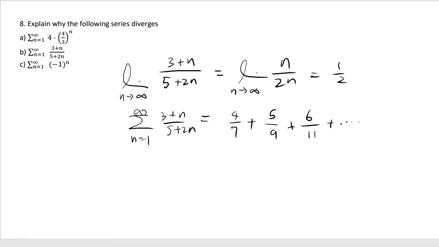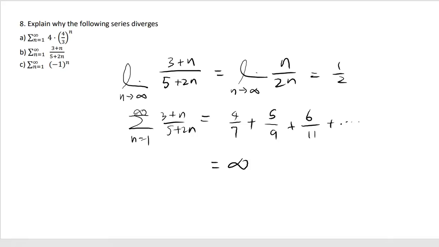You're adding these things, but at some point you realize that the things you're adding are somewhat close to 1/2. Now what happens if you add 1/2 over and over again? It will grow without any bound, right? So this will again be infinity. That's why this will diverge.